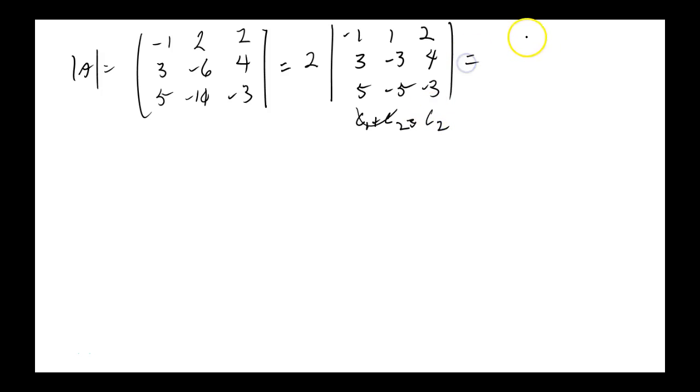Then you get a column of zeros, so your determinant is 0. And that's what they did. They multiplied the first column by a 2 and added to the second, wound up with a column of zeros, so your determinant is 0. Done.